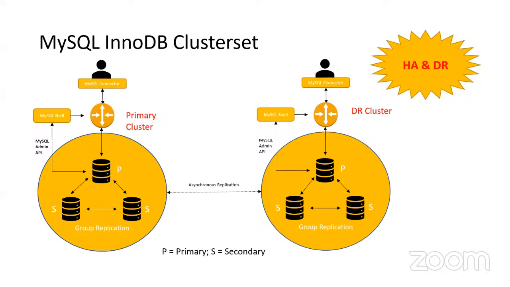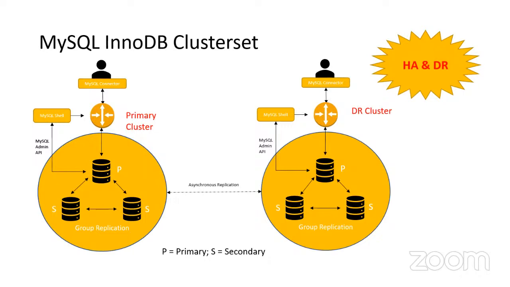So when the transactions are coming from the primary cluster, first they go to the primary database in the left-hand side primary cluster. Then those transactions go to two standbys on the left-hand side and three database servers on the right-hand side. So at any point of time, although you see three servers on the left-hand side and three servers on the right-hand side, only one server will be able to take the client transactions.